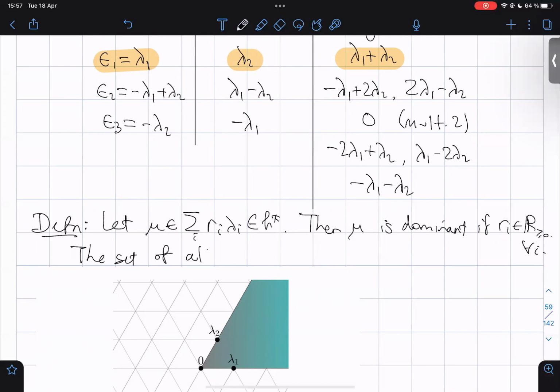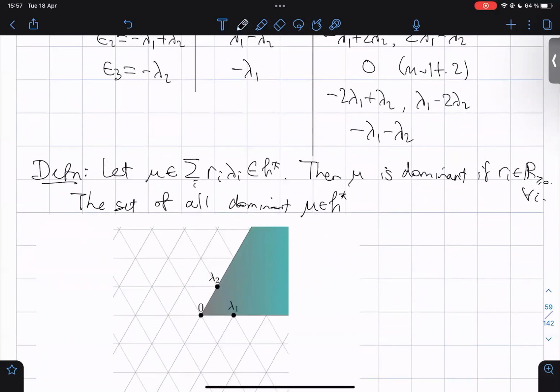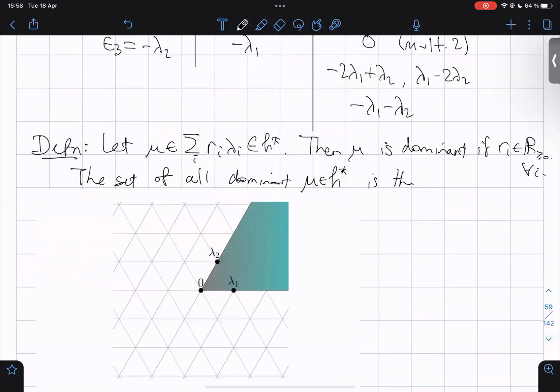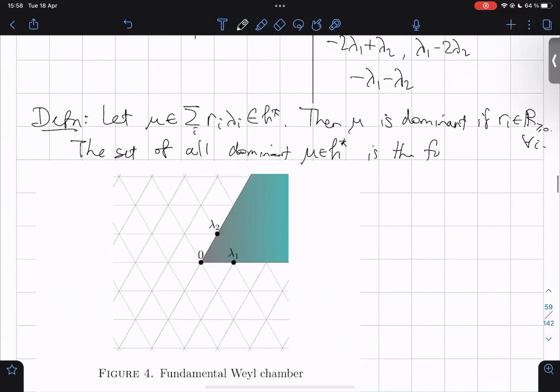The set of all dominant weights, maybe you want to restrict to the real slice. Let me not put it in right now. This is something called the fundamental Weyl chamber.